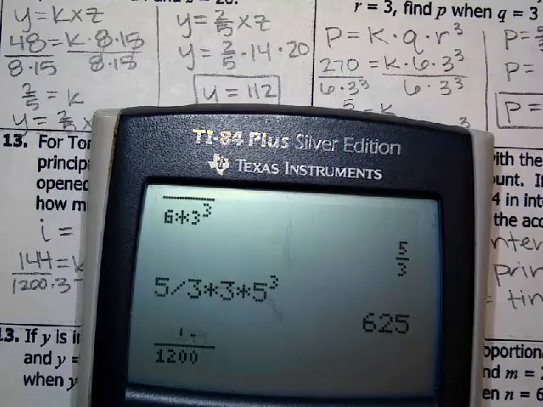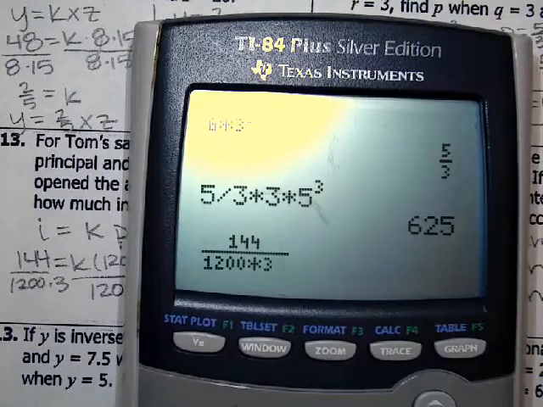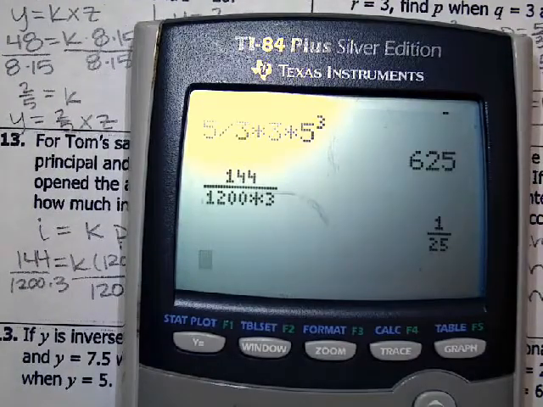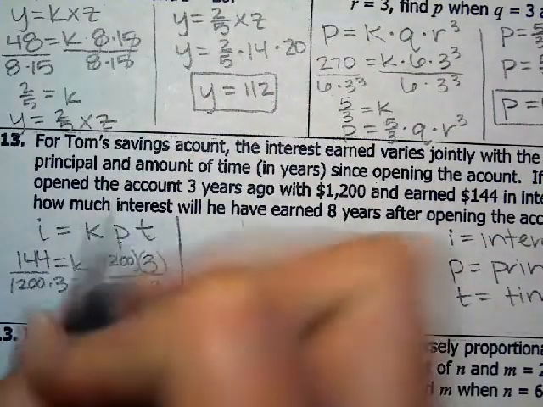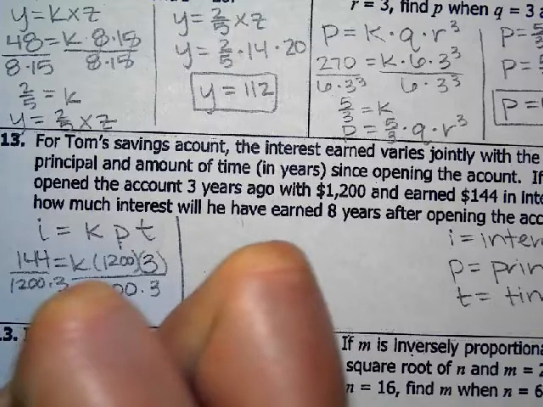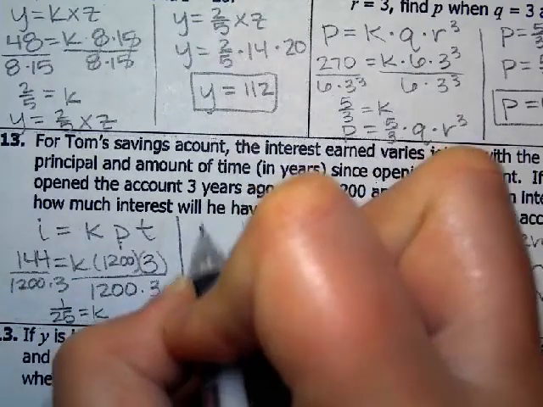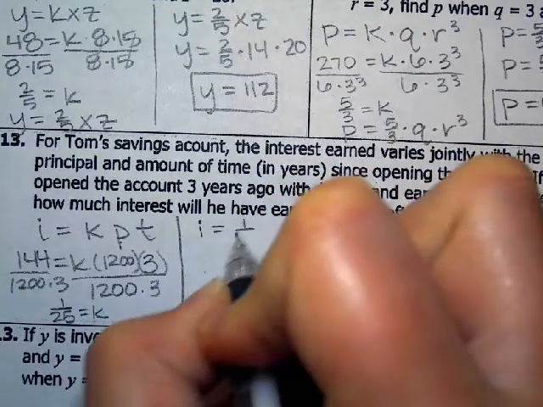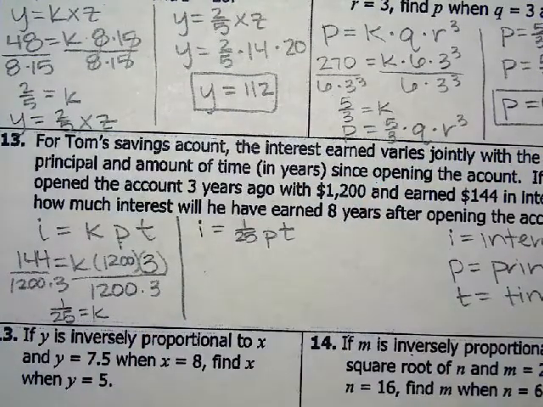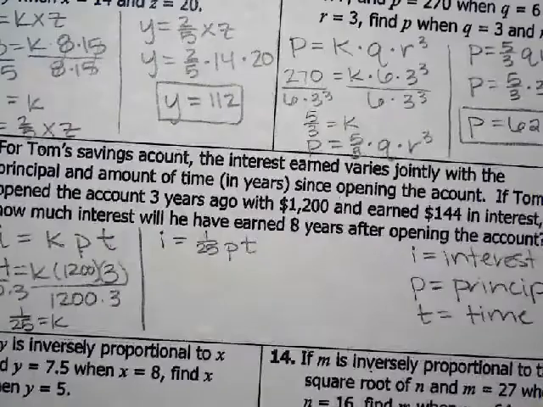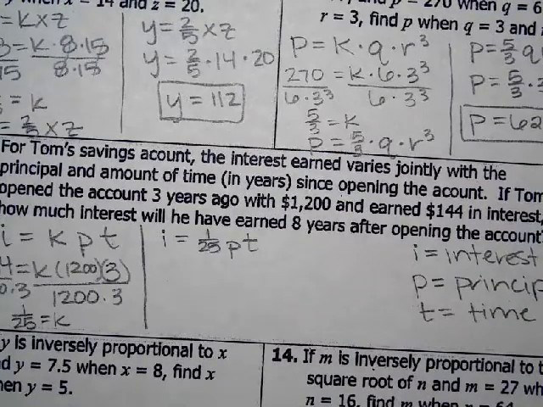So I'm typing it in the same way that I've been typing everything in. So that's 1/25. K equals 1/25. So we're going to have I equals 1/25 PT.